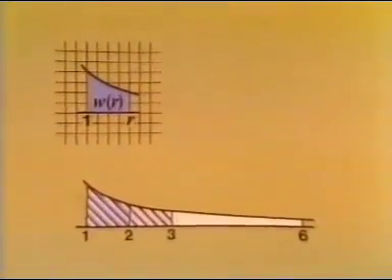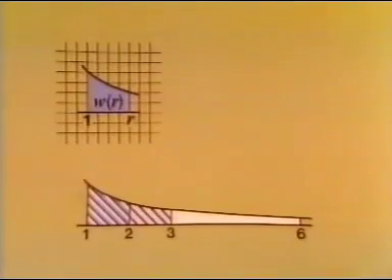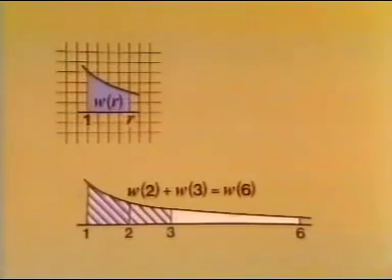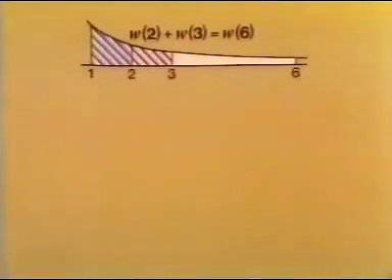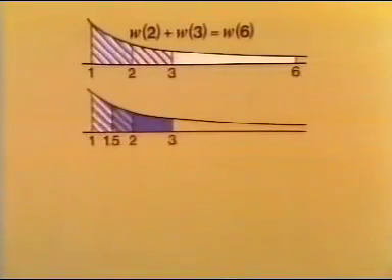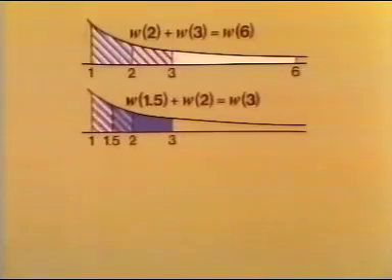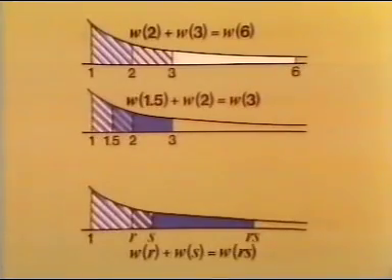And in terms of W, my first demonstration showed that W of 2 plus W of 3 was W of 6. And my second demonstration showed that W of 1.5 plus W of 2 was W of 3. In both cases, I was illustrating this general rule. W of r plus W of s equals W of r times s.